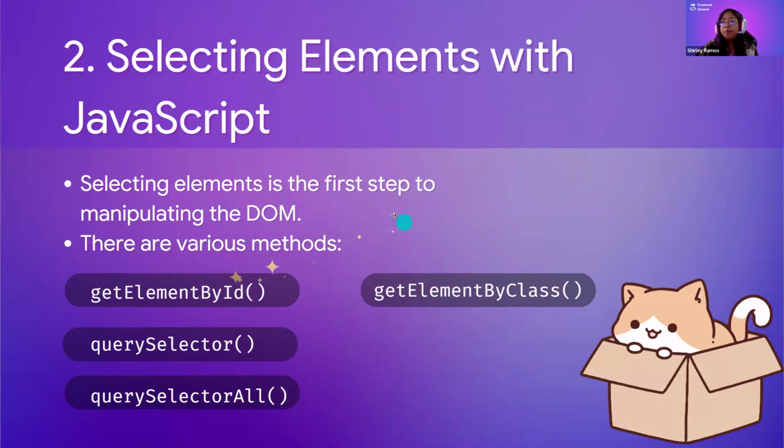So there are various methods for this, but the most used, some of you maybe heard about getElementById. In this case, you will choose an element from the HTML using an ID.